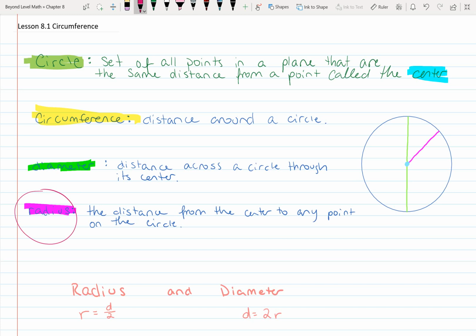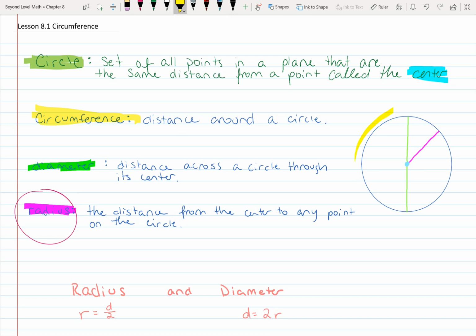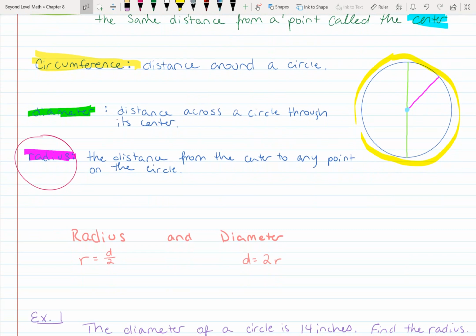Diameter goes from one point of the circle through the center to another point on the circle. Circumference is the distance around the circle, this entire distance around the circle. Circumference is kind of like the perimeter, but perimeter is only on polygons. Circumference is on a circle.